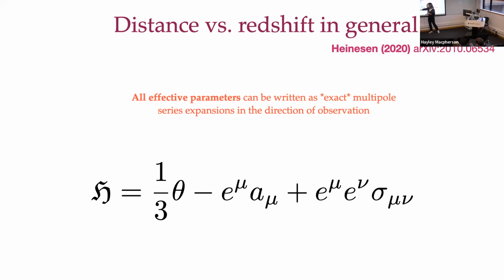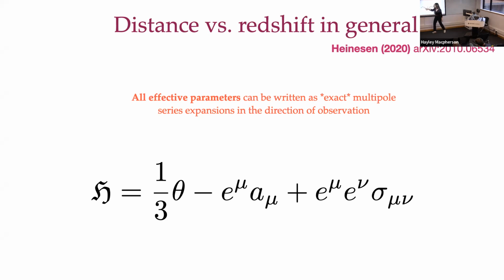This reduces to the Hubble constant in the FLRW limit, but it depends on the observer's location. So this will be different if your observer is in an underdensity or an overdensity. But then you also get terms which depend on which direction the observer is looking. You can think of this term as encompassing the inhomogeneity, and these terms as encompassing the anisotropy. Does that make sense?